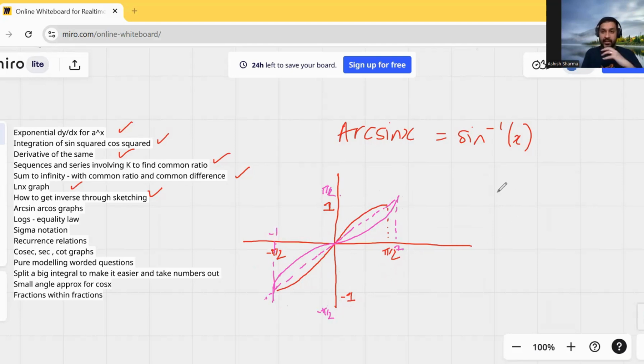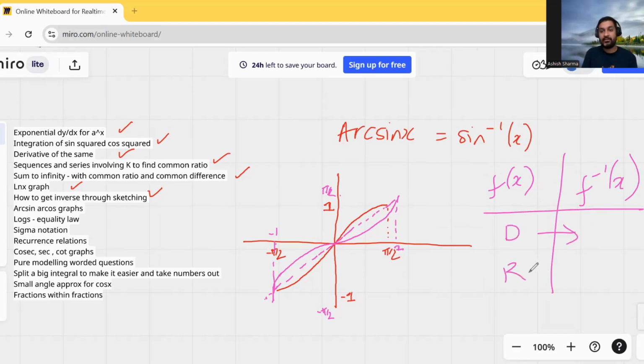So essentially, the domain and range flip. That's another aspect of going from a function to its inverse function. Okay, so here's the original function, here's the inverse function. The domain becomes the range and the range becomes the domain. Okay, so you can see this. The original domain was between minus pi over 2 and pi over 2. That becomes the range of the inverse function.